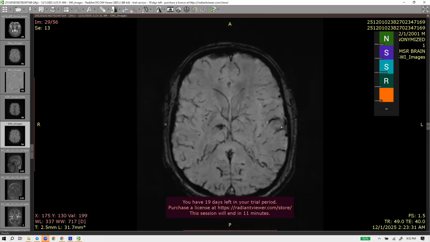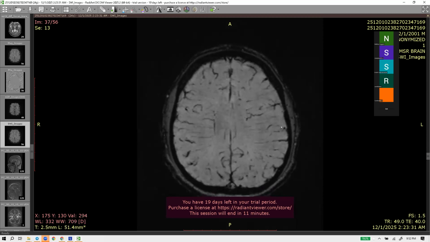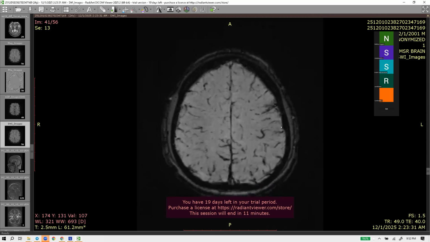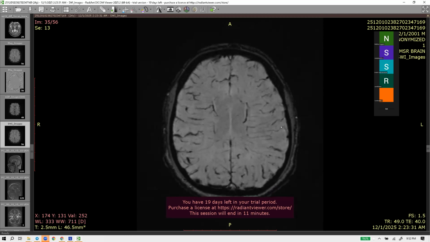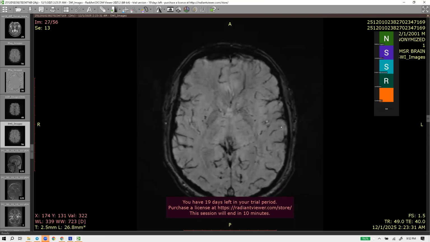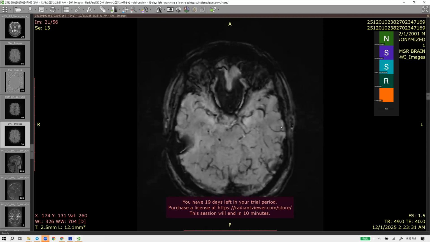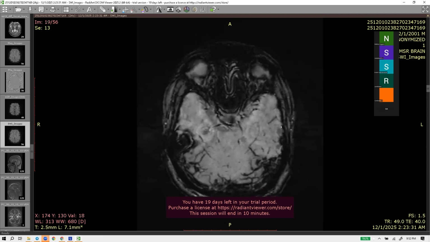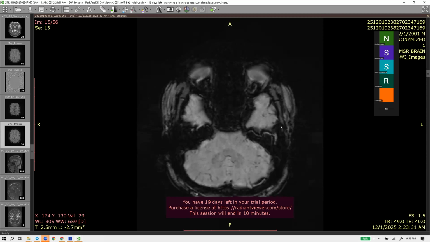I'm suspecting blooming artifact along the sulci and gyri. So I'm suspecting chronic subarachnoid hemorrhage in this case.